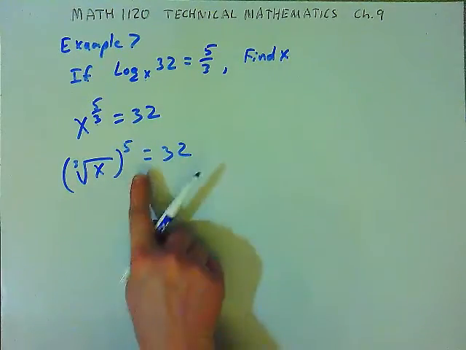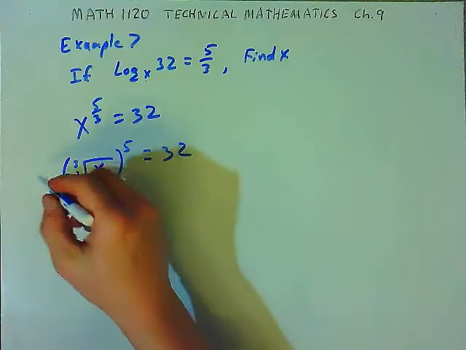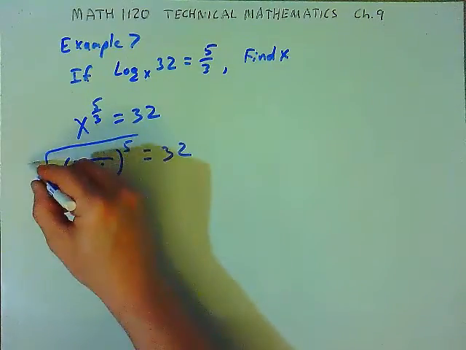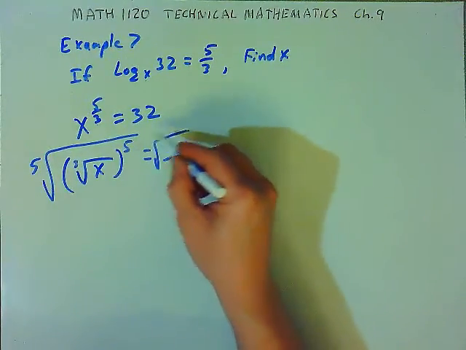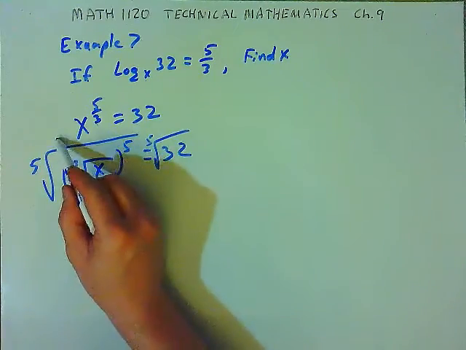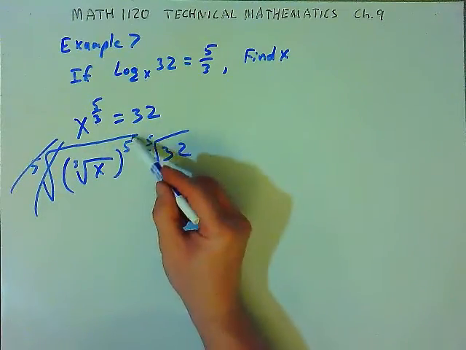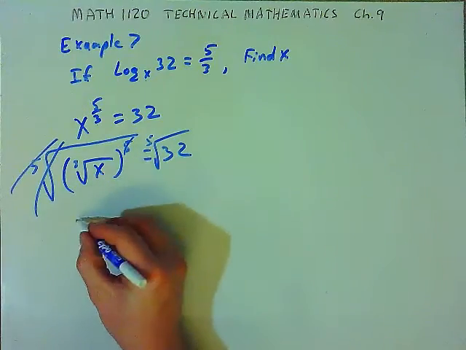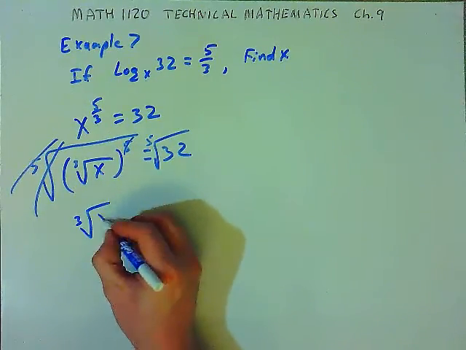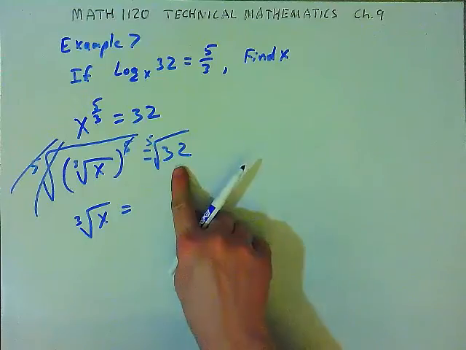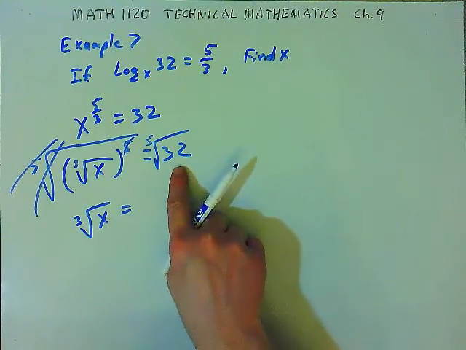And so to solve for x, we would start by taking the 5th root on both sides. The 5th root cancels the 5th power. And so over here we're just left with the third root of x. And we need to figure out what the 5th root of 32 is. You could do this on a calculator.